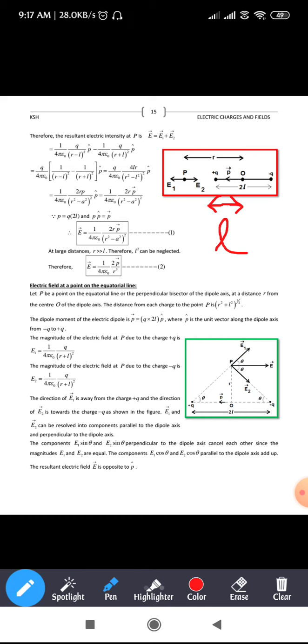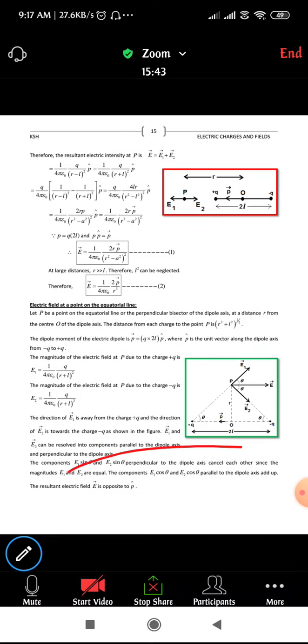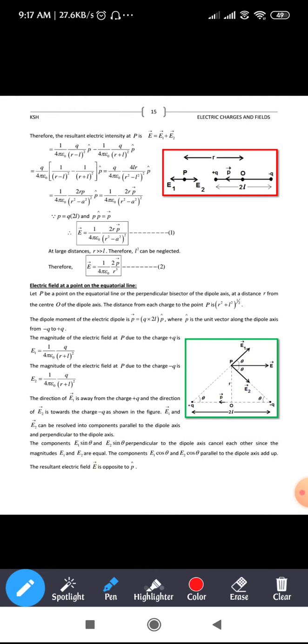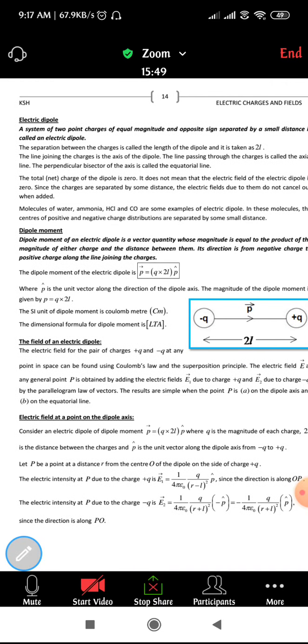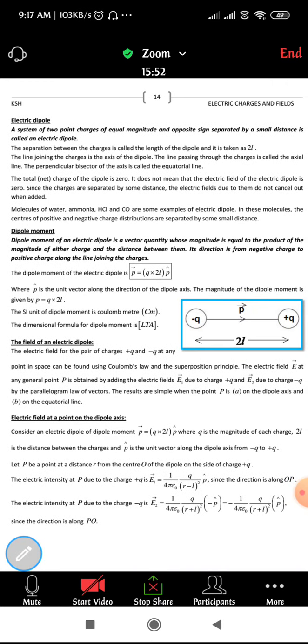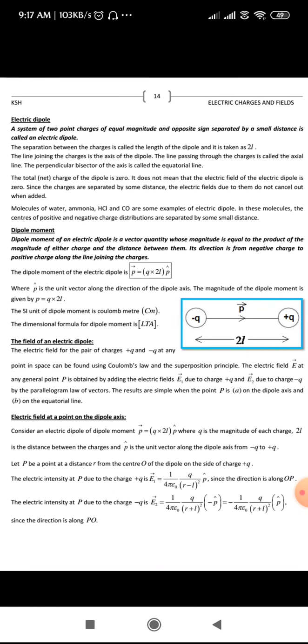So the distance between point P and positive charge plus q is r minus l. That is what we have written here. So vector E1 is equal to 1 by 4 pi epsilon naught into q divided by r minus l whole square p cap.